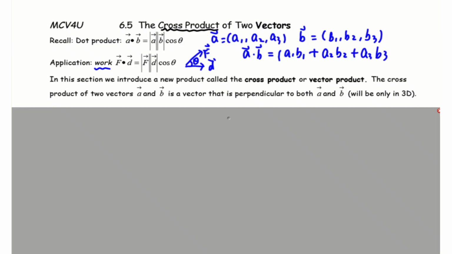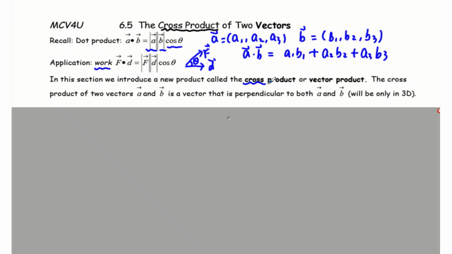So this is the formula for the dot product. By using this, we could combine it with magnitude A and magnitude B and find the angle. Or if we have the two magnitudes and the angle, we can find the dot product. And in this lesson, we are going to do the cross product.